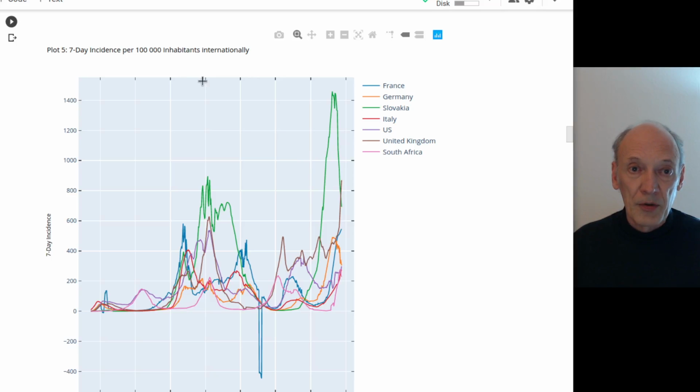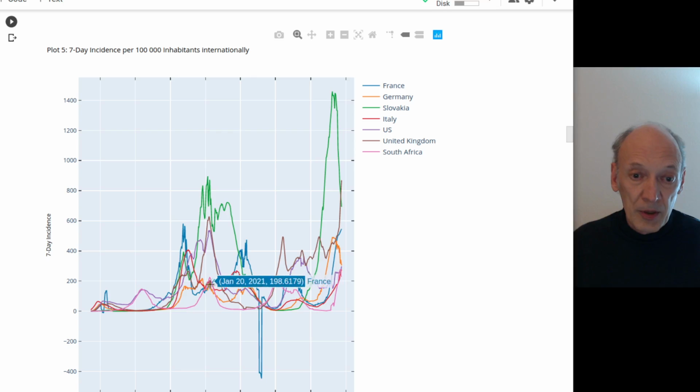Yes, so here you can see the 7-day incidence per 100,000 inhabitants internationally, and you can see Slovakia has extremely high values at about 1,400, and Germany has quite high values of over 400, now going down to about 300.